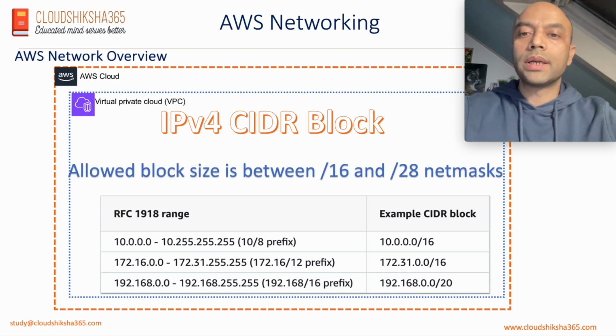The important thing is that this CIDR block range can vary from a /16 to a /28 netmask as per your requirement. When defining your VPC, you know how many servers and applications will be running there and what the range of IPs will be, so based on that you can assign these ranges.